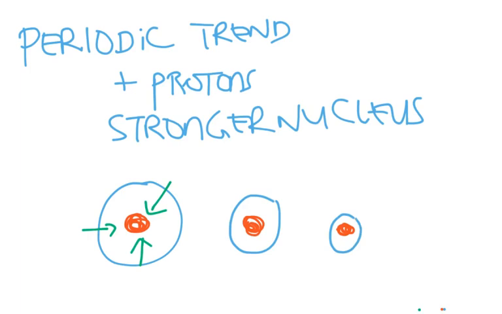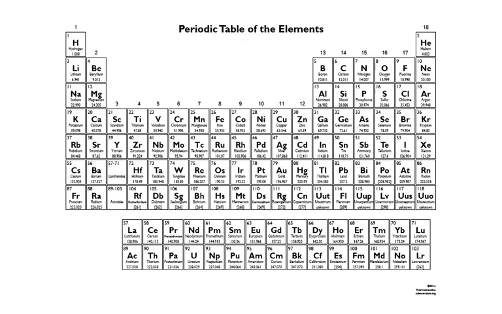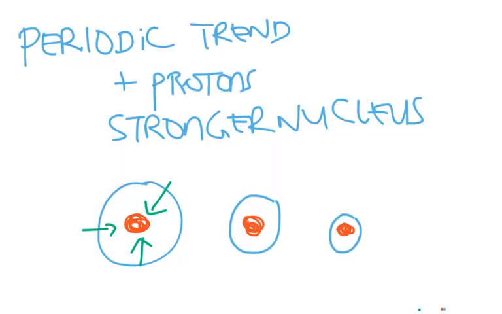The outermost electrons in a single row are on the same level. So, if you look at this periodic table, if you go across a row, you'll see, for example, sodium, magnesium, aluminum, silicon, etc. All of these have their outermost electron on level 3. So just like this last drawing you were looking at, we're not adding any extra levels.